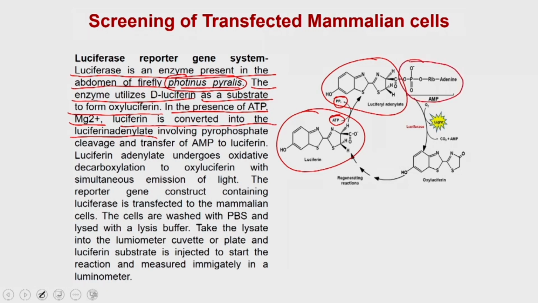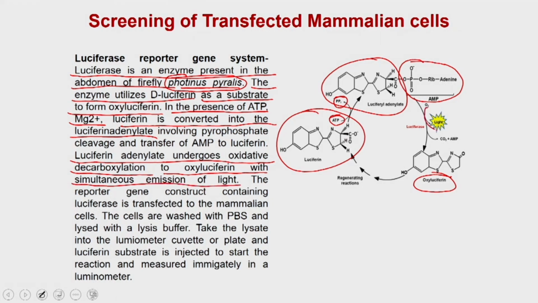The luciferin adenylate then undergoes oxidative decarboxylation to form oxyluciferin, and once it goes through this oxidative decarboxylation, it emits light.